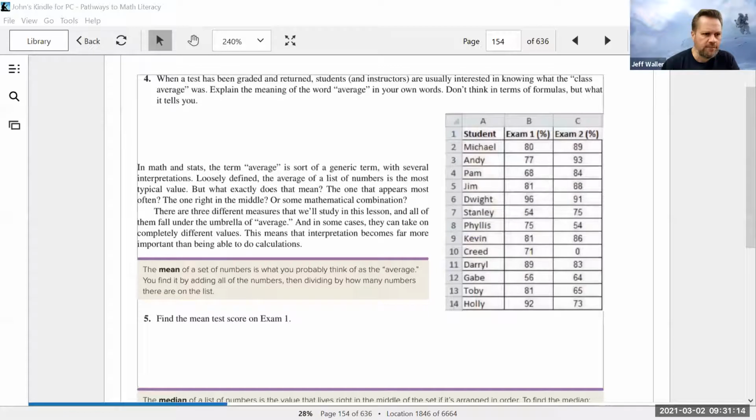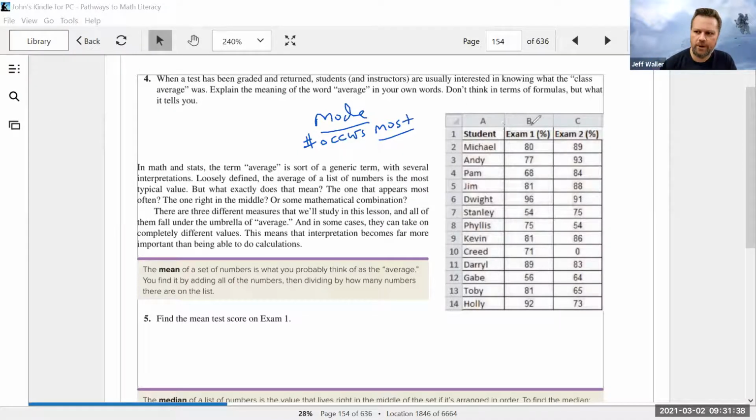So the last measure of center is called the mode. And the mode is the number that occurs the most. Most, mode. So I always think about pie a la mode, and I want to have the most ice cream when I have pie a la mode. I don't know. Mode also sounds like most, whatever works, right?